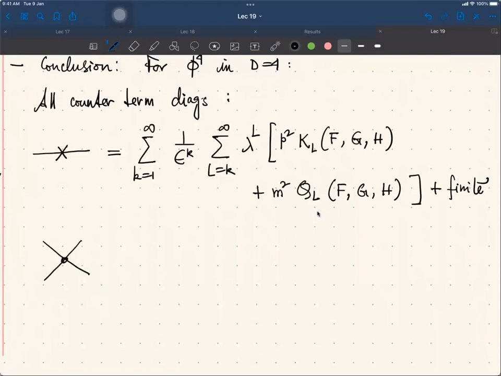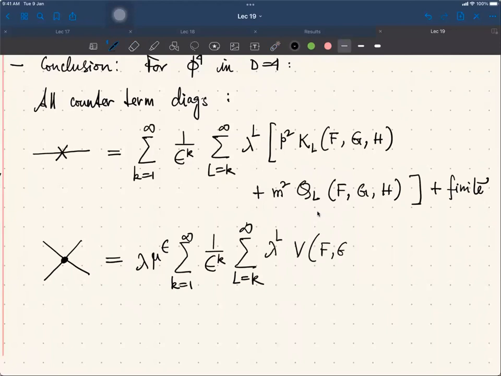And adding all the vertices, we will have a structure lambda mu to the power epsilon. So let me explain these two equations.